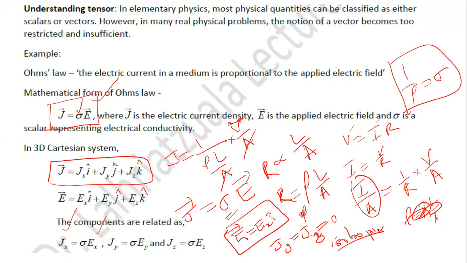So in such simple isotropic crystals, the relation between current density and electric field has a proportionality constant that is a scalar quantity called sigma, your scalar conductivity.